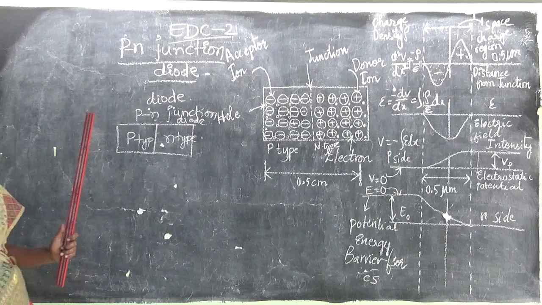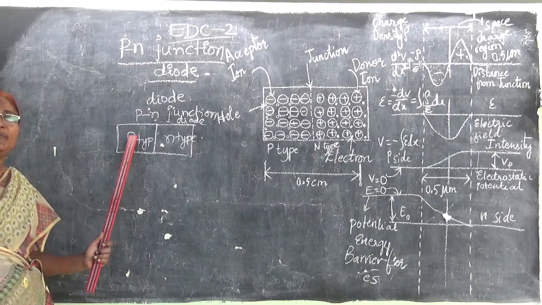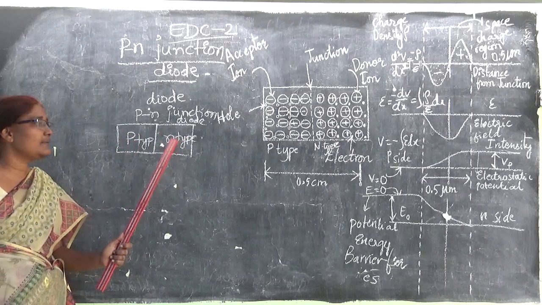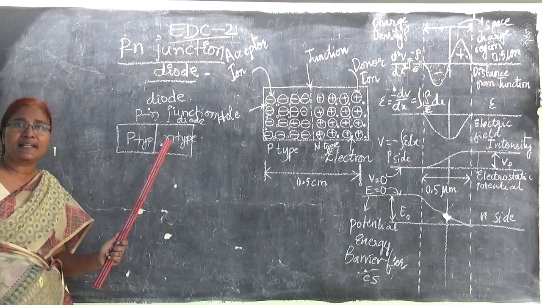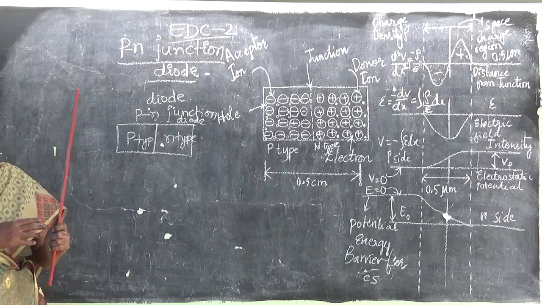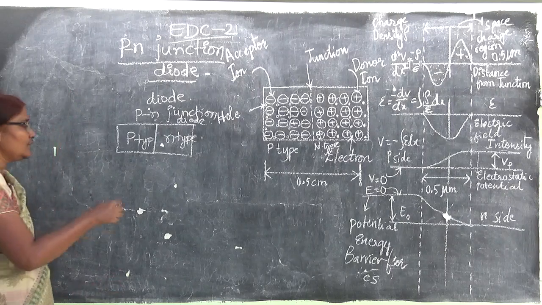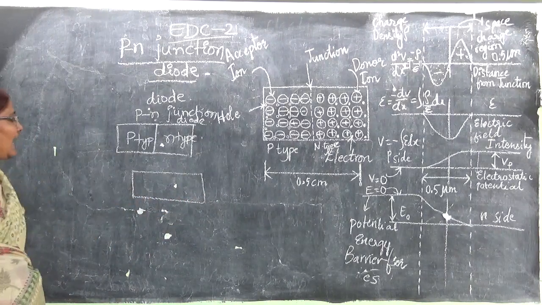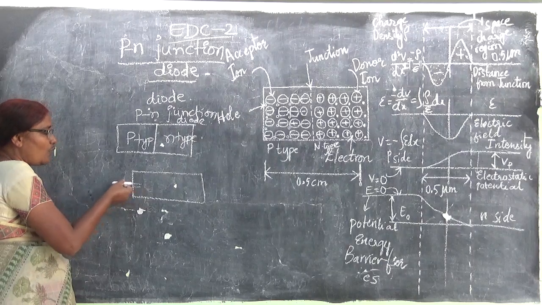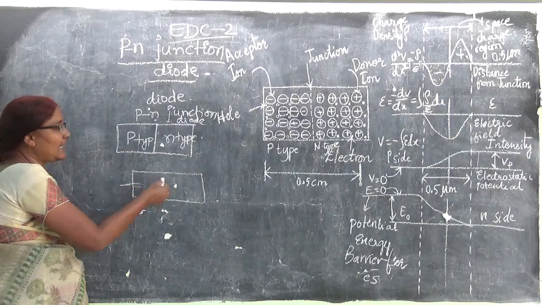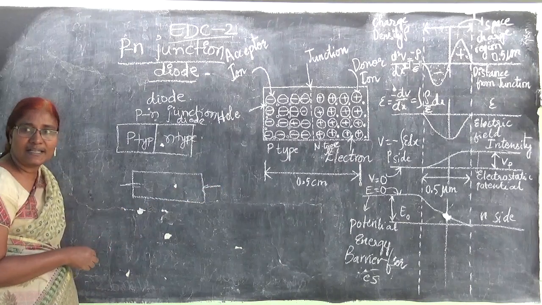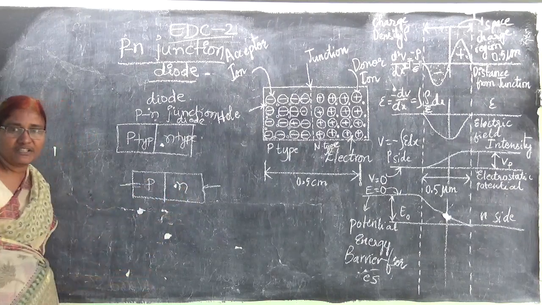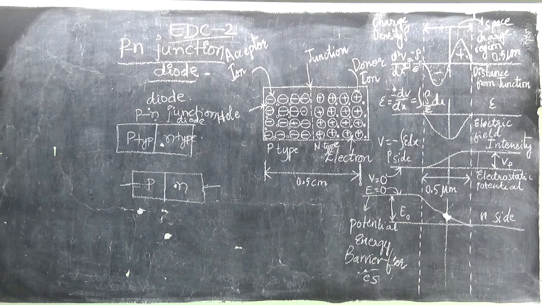Now, instead of taking a semiconducting material and making it p-type, and taking another intrinsic semiconducting material and making it n-type, instead of doing that laborious job, if you take a piece of material, either germanium or silicon, and introduce one type of impurity on this side and the other type of impurity on this side, that means trivalent and pentavalent, this will be converted into a PN junction diode.